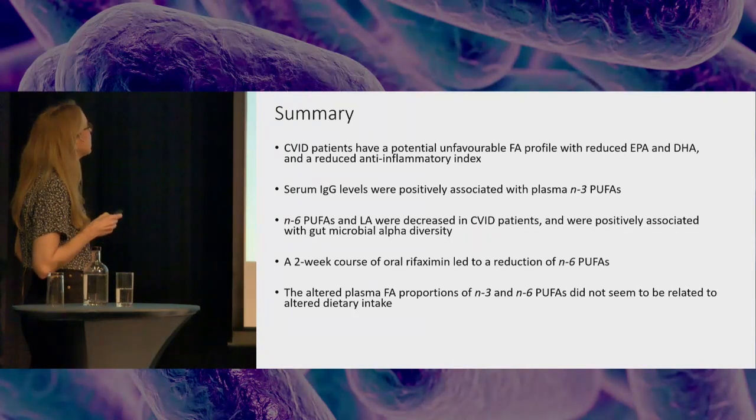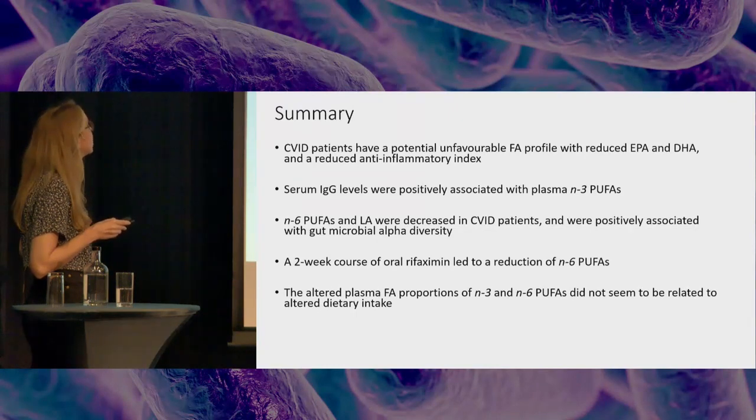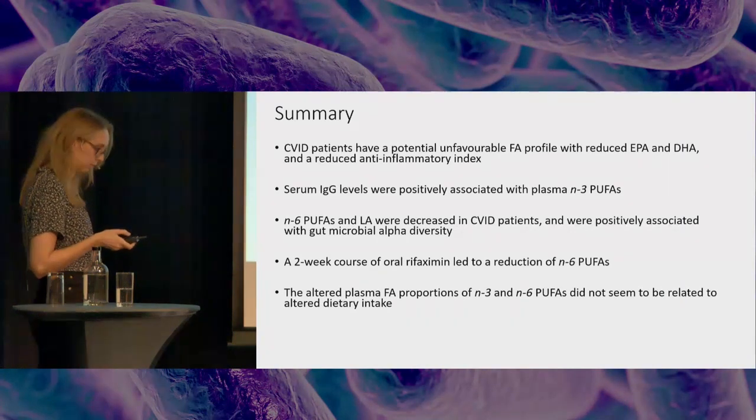And interestingly, N6 PUFAs and LA were decreased in CVID patients and were positively associated with gut microbial alpha diversity in stool samples. We also showed that a 2-week course of oral rifaximin led to a reduction of N6 PUFAs. And the altered plasma fatty acid proportion of N3 and N6 PUFAs did not seem to be related to altered dietary intake.